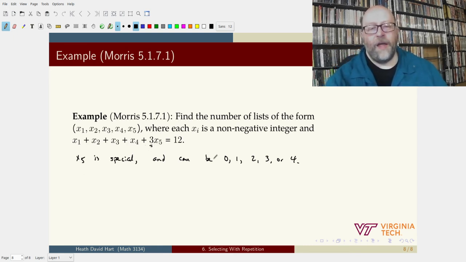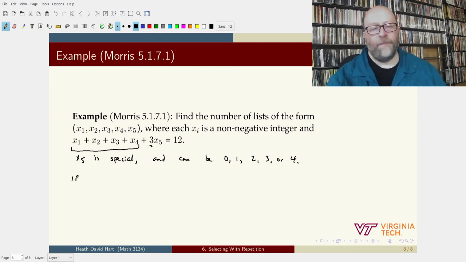If x5 is 0, then I just need these 4 to add up to 12. So that's like saying that I could pick 3 in the x1s and 5 in the x2s and 1 in the x3s and 3 in the x4s. So I need to pick x1, x2, x3, x4 12 times, but I have 4 different ones to choose from.